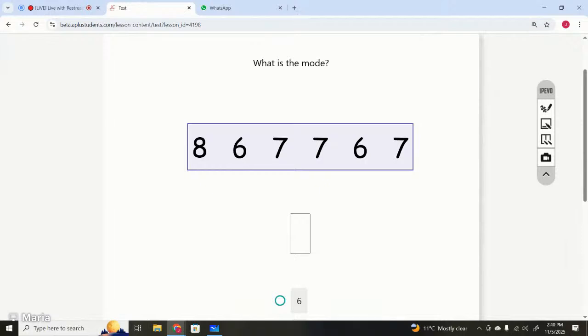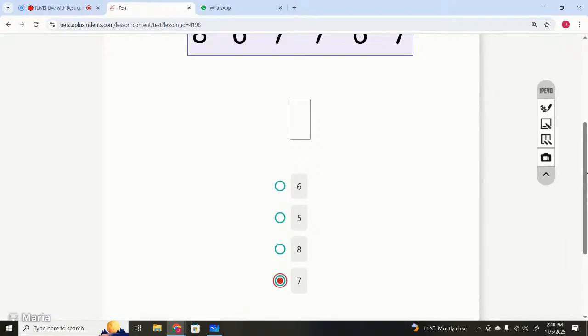So what is the mode? That is 7. The correct option is 7.